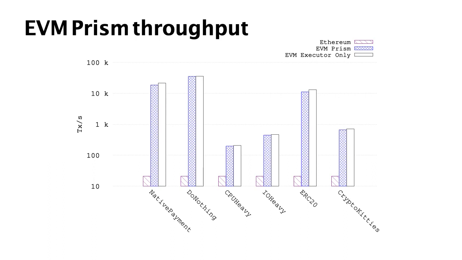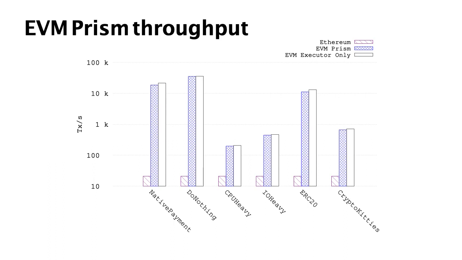These are the results. We can see that for the 6 different applications, the throughput is quite different. This is because we wrote these smart contracts differently, and these smart contracts have different complexity. What is important is that for every application, we compare the throughput of EVM Prism with EVM executor only, which is the optimal throughput or the upper bound.